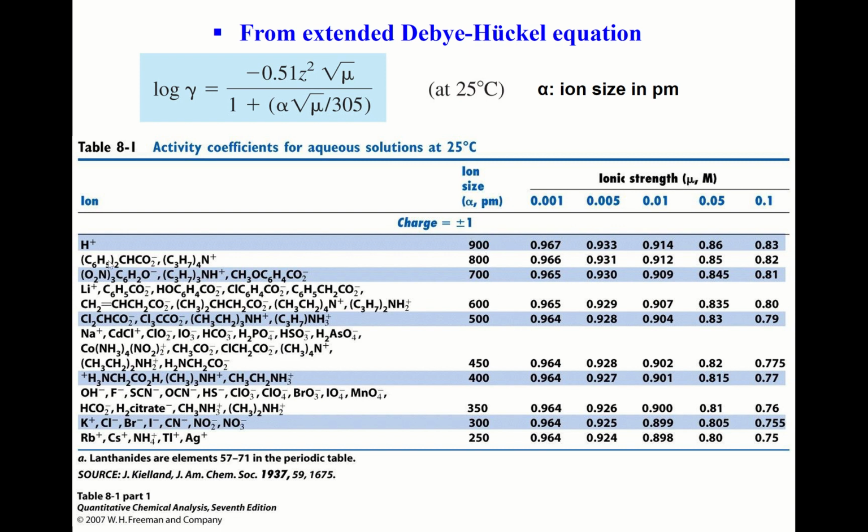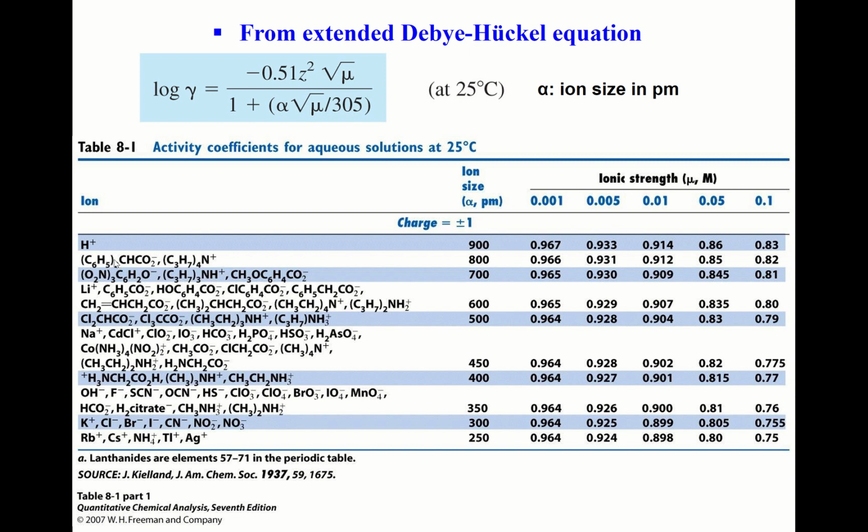As you see, for the proton, the hydrogen ion, the hydrated ion size is 900 picometer. Actually, the proton is the smallest ion, but in aqueous solution it is hydrated, so the ion size becomes quite larger. And it's 900, though it cannot be exactly 900. These values are approximate values.